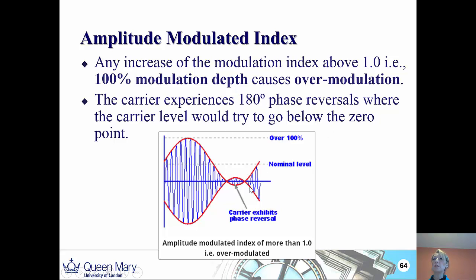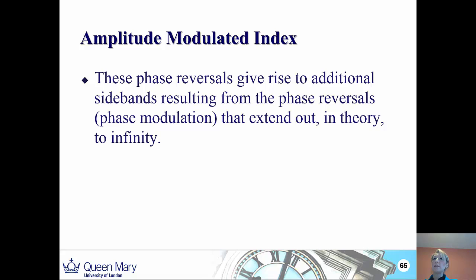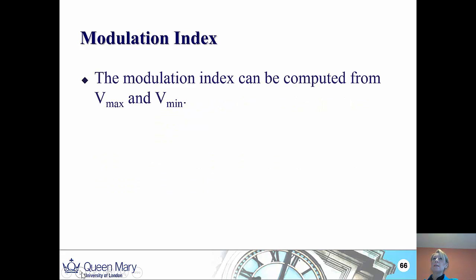It would try to go into levels which the carrier wave doesn't support. And this has the effect of giving additional sidebands from the phase reversal, that phase modulation, that extend outwards, and they can extend outwards to infinity. And this can cause interference in the signal which is being communicated if it's not removed. So that's a situation which we want to avoid.